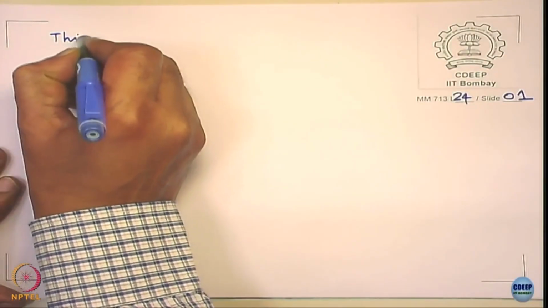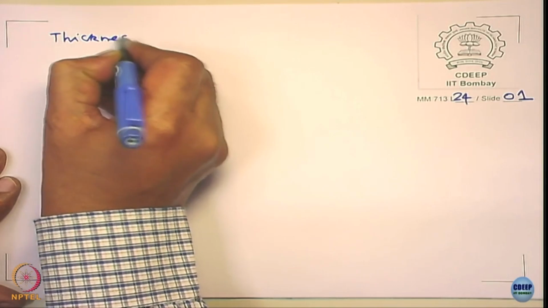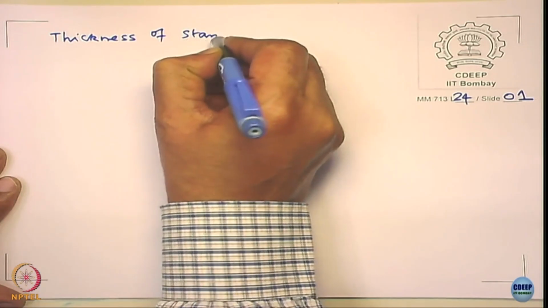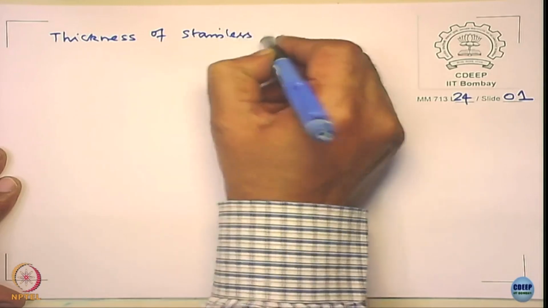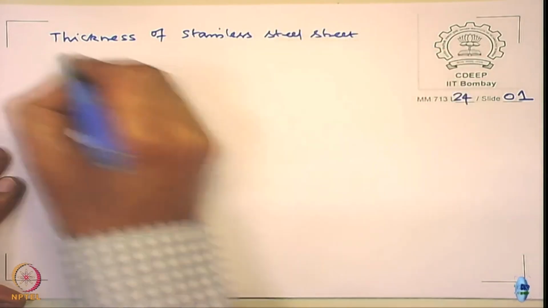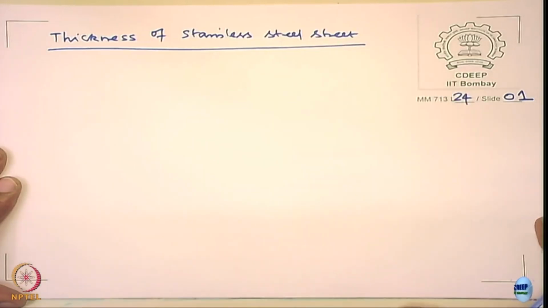The other important factor that is required to be understood is the thickness of the stainless steel, which we call a sheet. Suppose you want to weld a stainless steel plate or sheet.